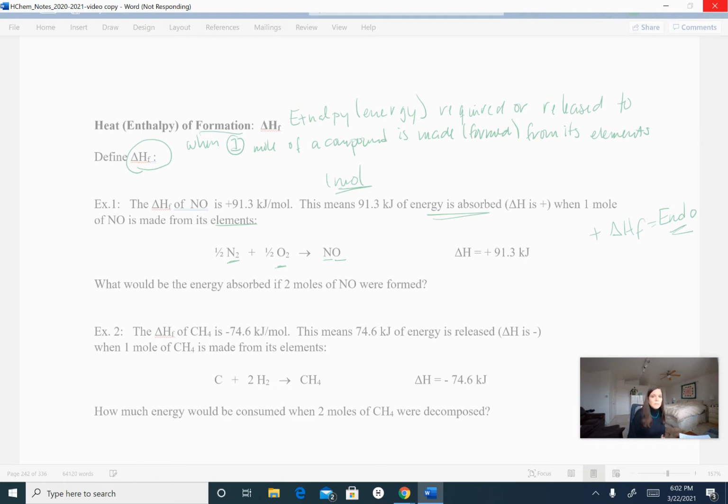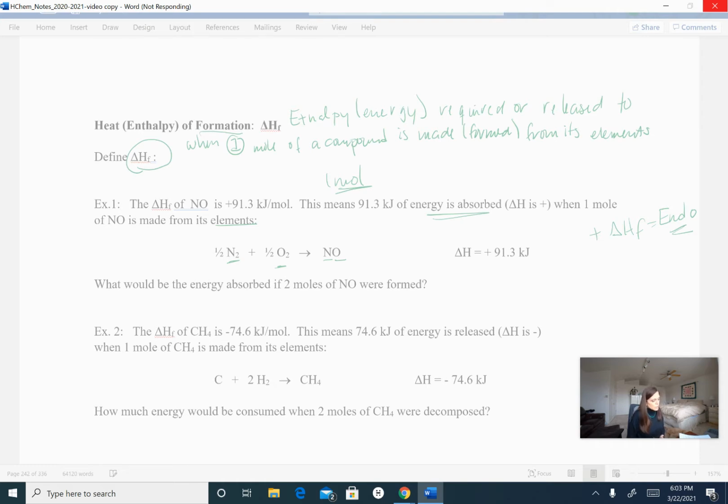So we have to remember those Brinkelhoff elements, and when we need less than 2, we're going to have to put a fraction in front of them. Okay, so that's going to take 91.3 kilojoules per mole to make nitrogen monoxide. So nitrogen monoxide takes more energy than just plain nitrogen or plain oxygen.